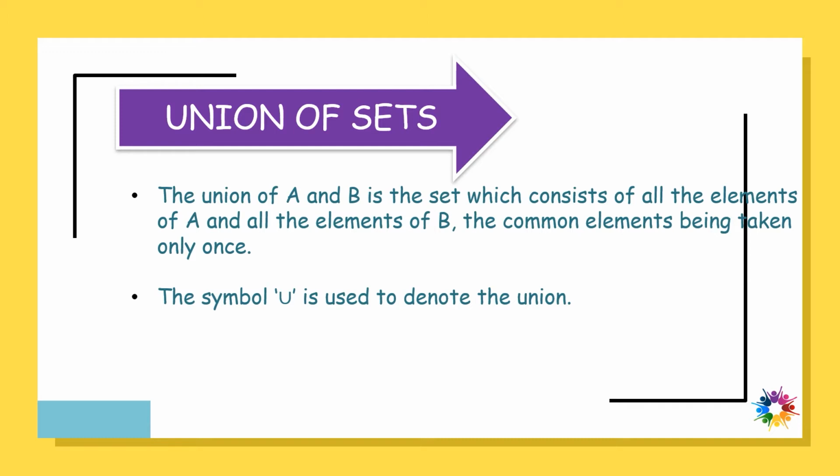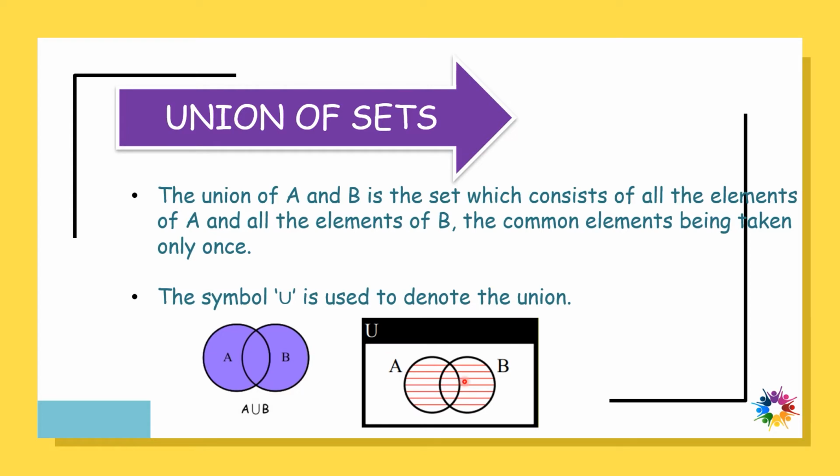That is called union, and we will use the symbol for union. We will denote it like this as a Venn diagram. In the representation, we just shade both the circles. That is the visual representation, the Venn diagram of union. So this is what we have seen.